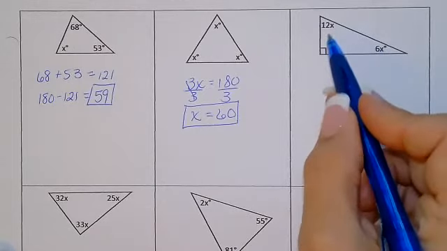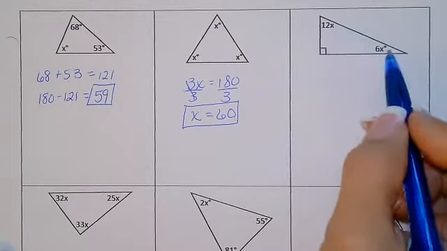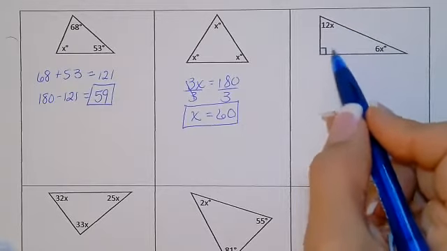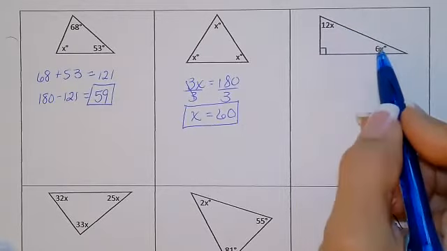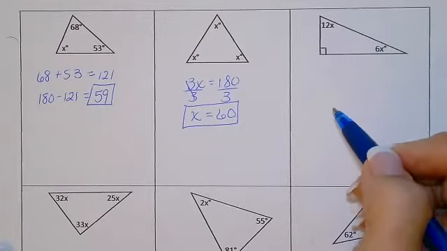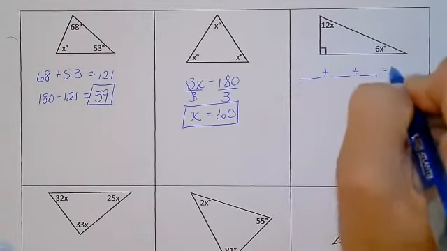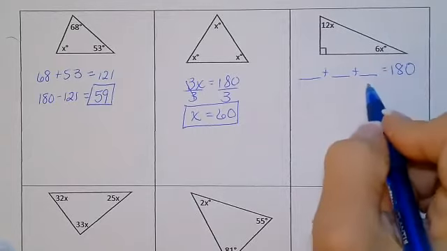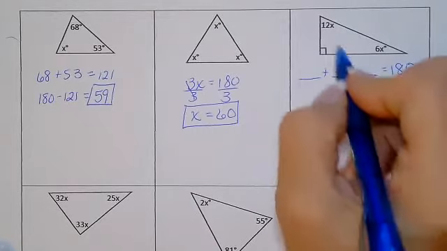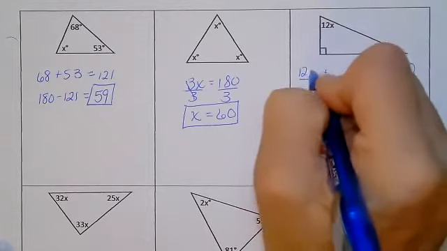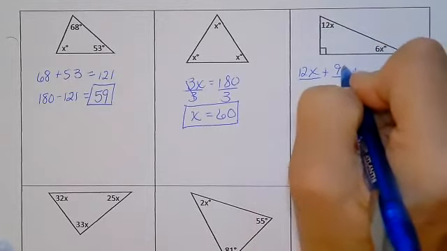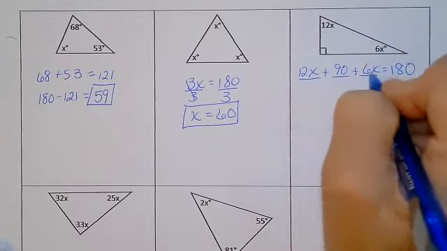Okay, now I have 3 angles. I know that this one is 90. Do not know what these are. So I'm going to add the 3 together, and I know they equal 180. So I have 12x plus 90 plus 6x.